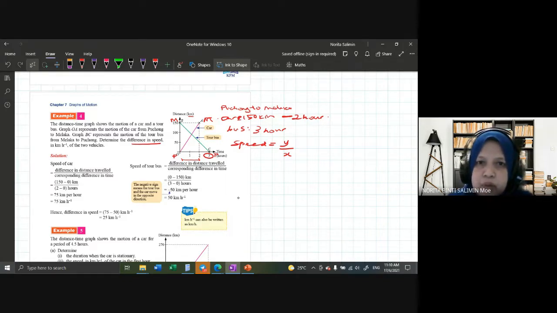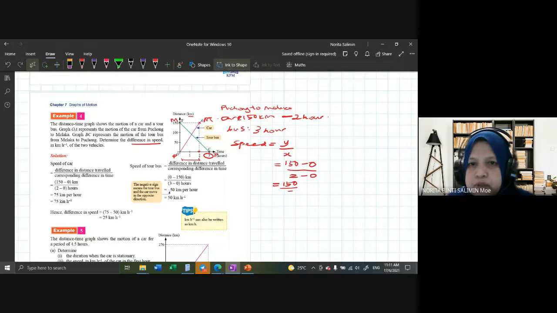What is the value of y? From here to here, that means 150 minus 0. This is the length on the y-axis. Divide by the x-axis. How many hours for the car? 2 hours. 2 minus 0. So this becomes 150 over 2.